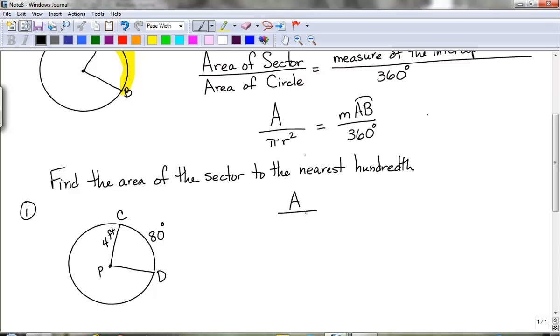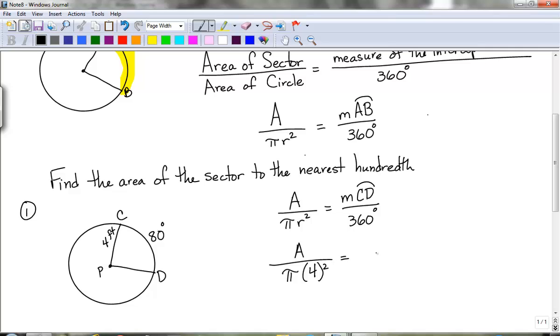Area over the area of the circle, pi r squared, equals, now in this case, the measure of arc CD over the 360 degrees. I want the area of the sector, so I don't know A. The area of the circle is pi and my radius is 4 squared.